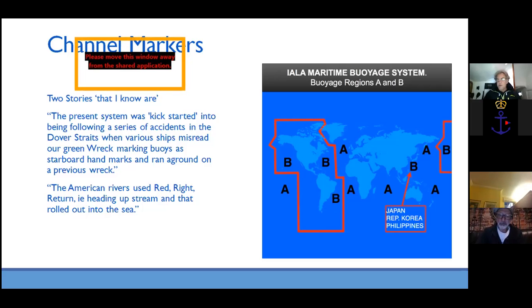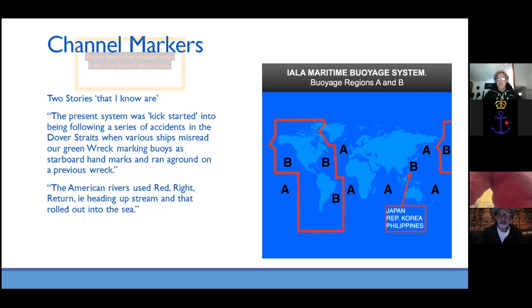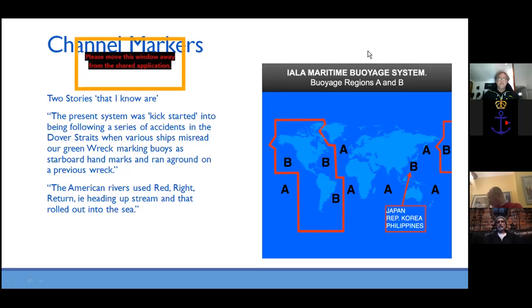Whether or not it's true, we don't know. More likely, American rivers, when navigation wasn't really a big thing at sea, used red right return. And then that eventually came down and started spreading out. Whether that's true or not, there's no real data on how it actually started, that we've got an A and a B system. Whether the rivers did it or whether it was because of accidents, it's now what we've got. So that's it.